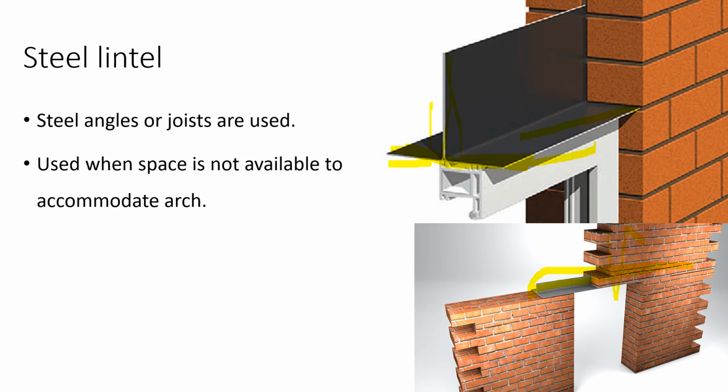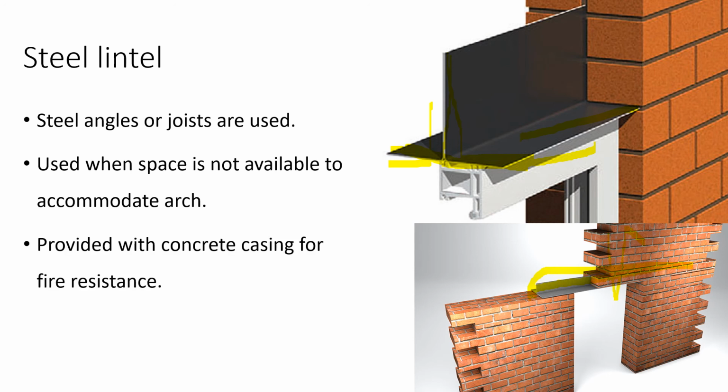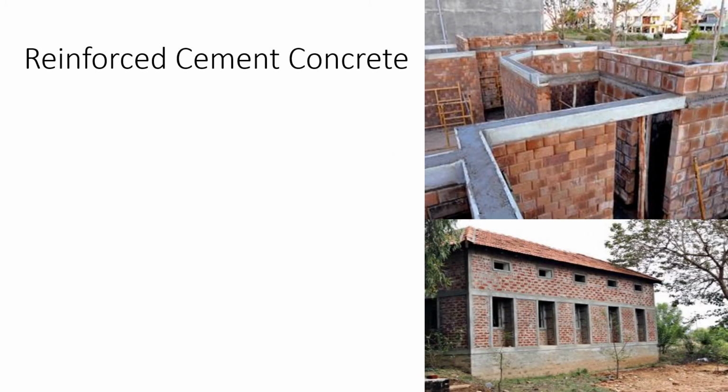They are used when space is not available to accommodate an arch, or otherwise we can use an arch for this. It is provided with concrete casing for fire resistance because steel weakens in fire, and it was popular before the RCC.